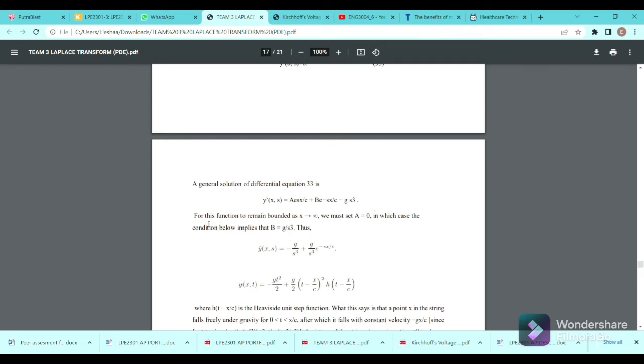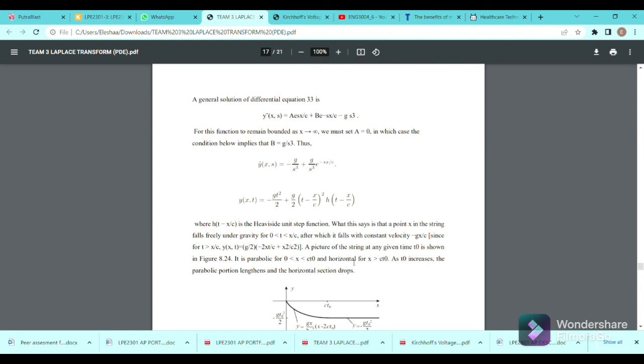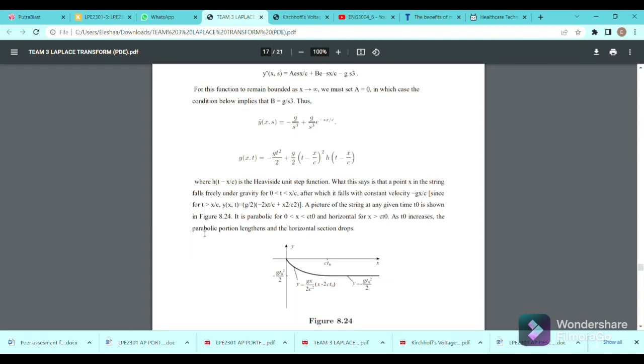For this function to remain bounded as x goes to infinity, we must set a to 0, in which case the condition below implies that b equals g over s cubed. Thus, you will get this equation right here, where t equals t minus x over c, and H is the Heaviside unit step function, where this says the point x in the string falls freely under gravity in this range.